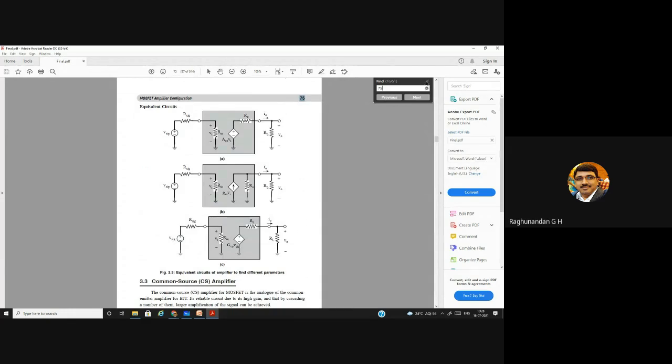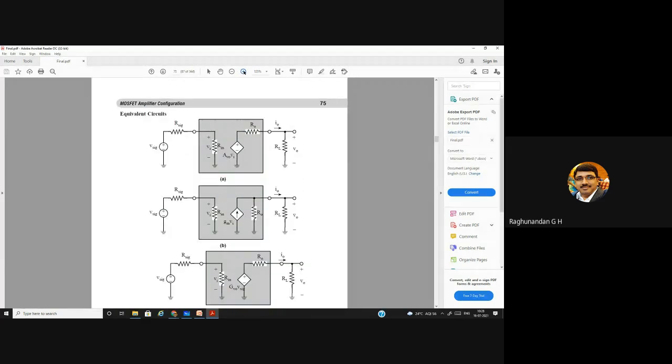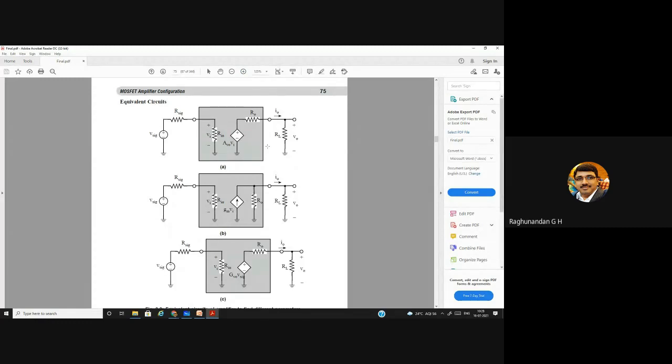So these are the different equivalent circuits which we are having. This shaded portion is going to give the equivalent circuit of the MOSFET. Vsig, Rsig, RL are all the external components which we are adding. So the equivalent circuit to be considered for the MOSFET is this shaded part.